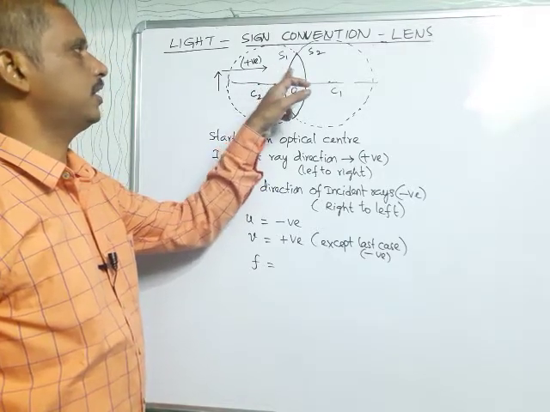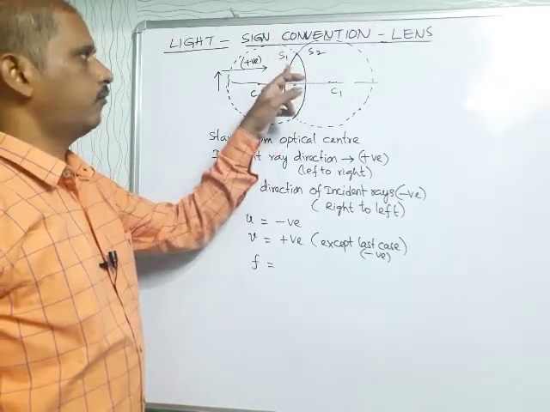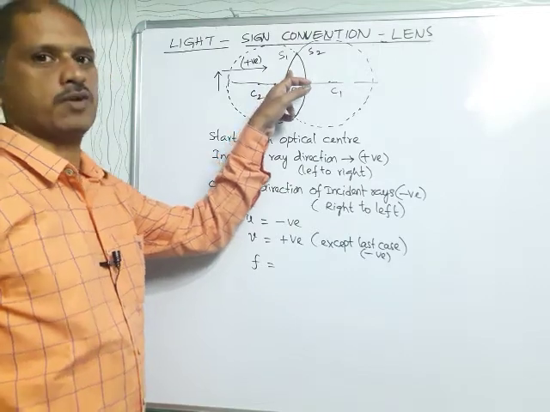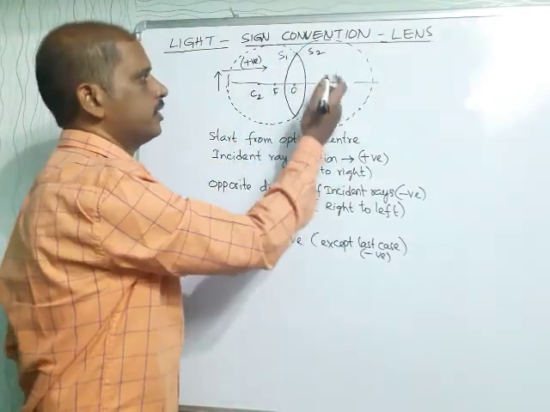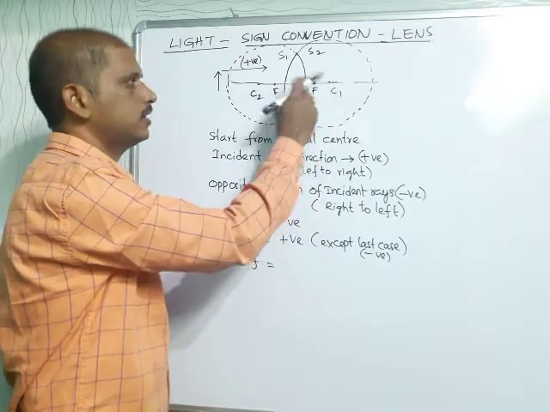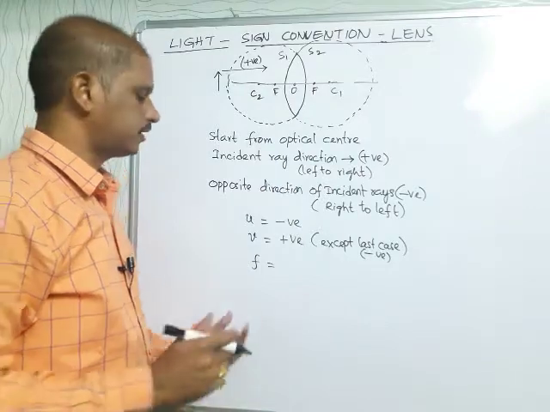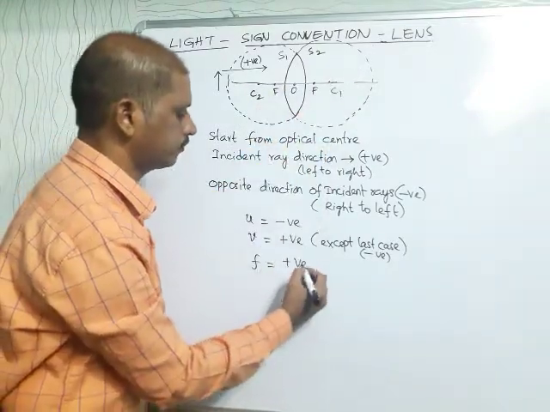Initially the incident rays are incident on surface 1, and after that they refract. This surface 1 belongs to this sphere, so this sphere's focal length is on the right side of the optical center. You are moving right, so it is positive.